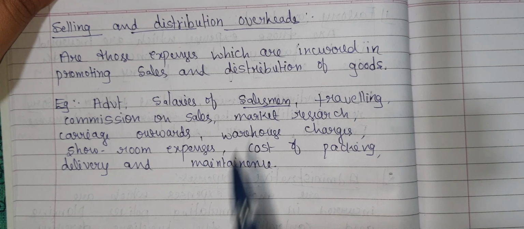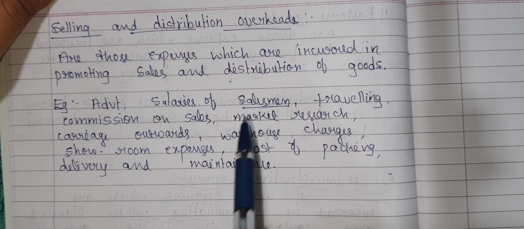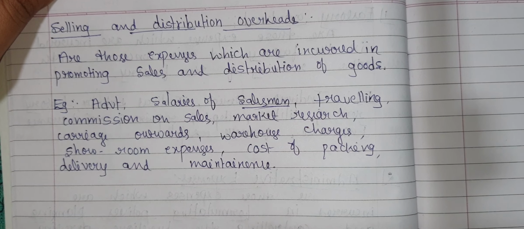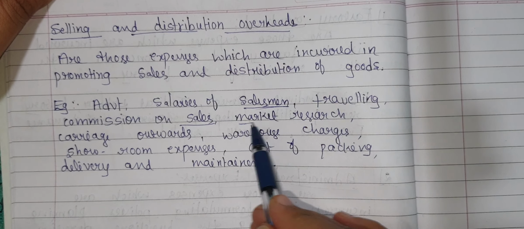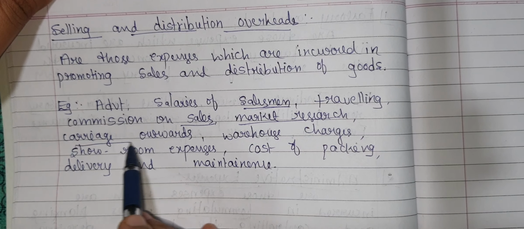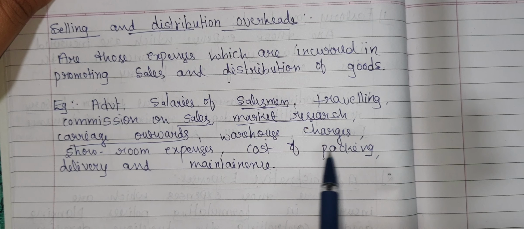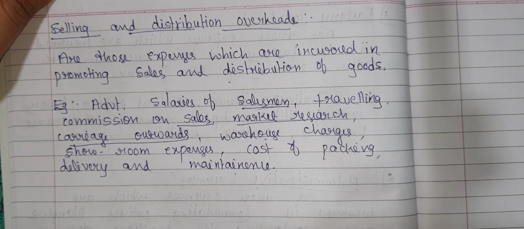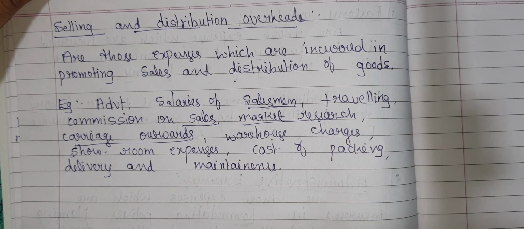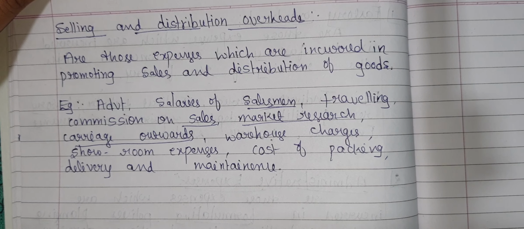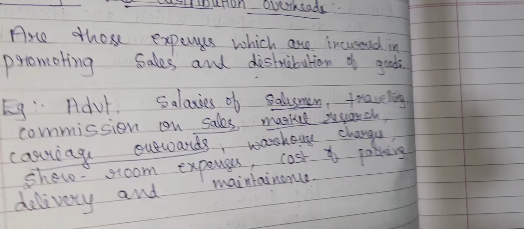Here it is the salary of the salesman. Office staff will come under administrative overheads, but salesman will come under selling and distribution overheads. Traveling, commission on sales, market research, carriage outwards, warehouse charges, showroom expenses, cost of packing, delivery and maintenance. Means these are all the expenses that come under selling and distribution overheads, incurred in promoting sales and distribution of goods. Clear?